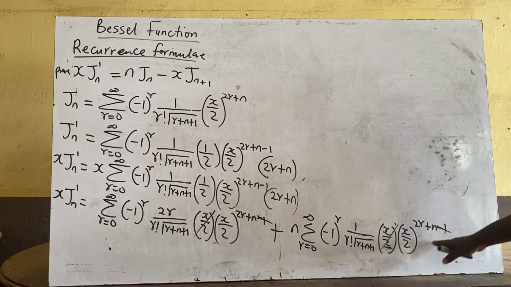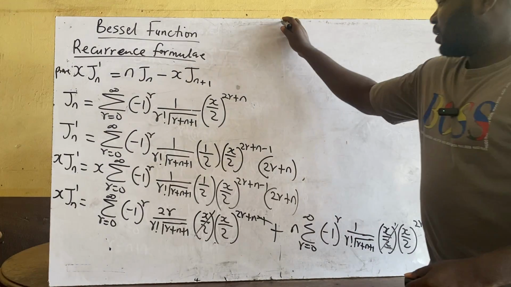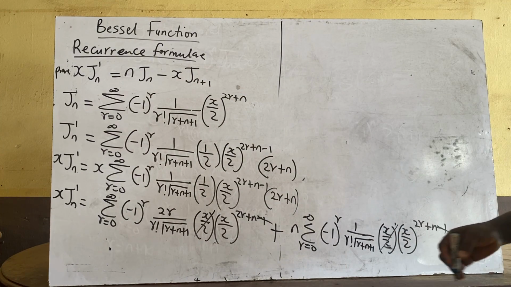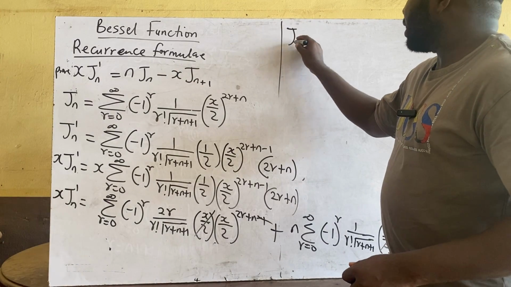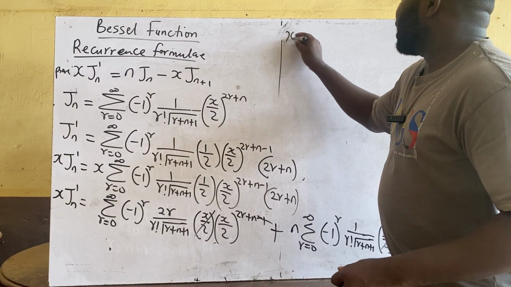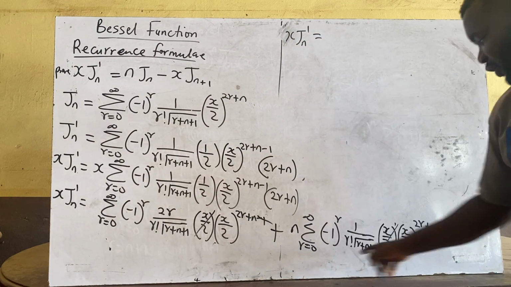So I am left with x J_n prime will now be equal to, let me first write this one.